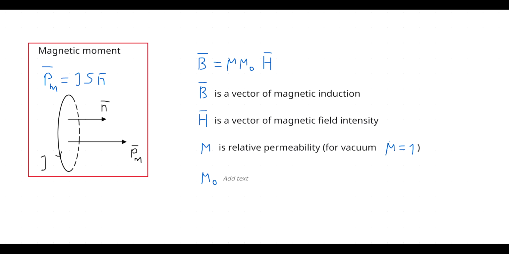Sorry, it is necessary to write its value first. So it is equal to 4 pi multiplied by 10 to the power of minus 7 Henry divided by meters. And this is the magnetic constant.